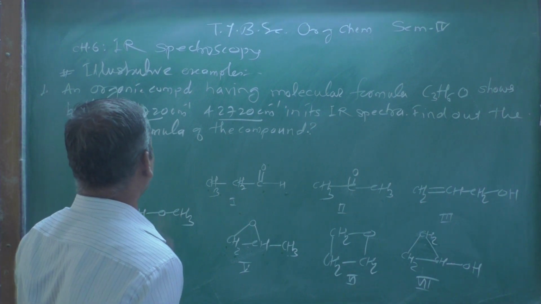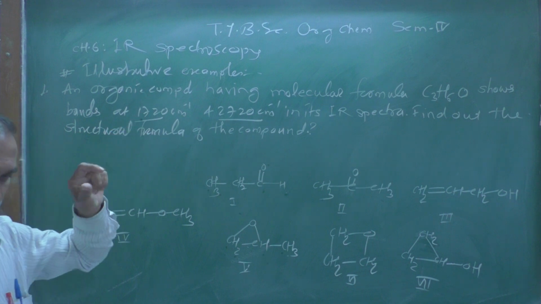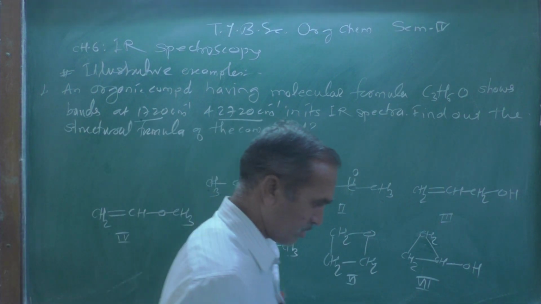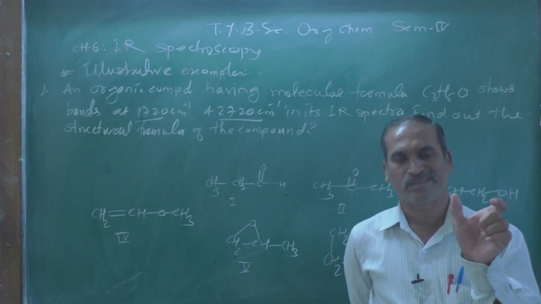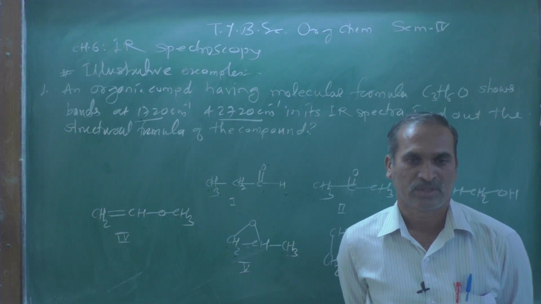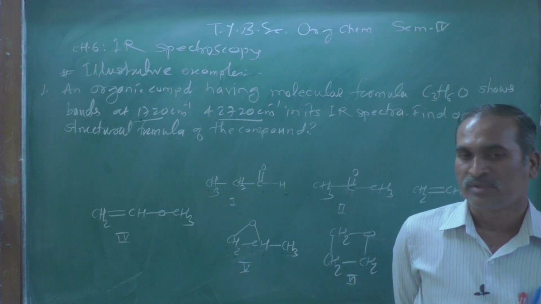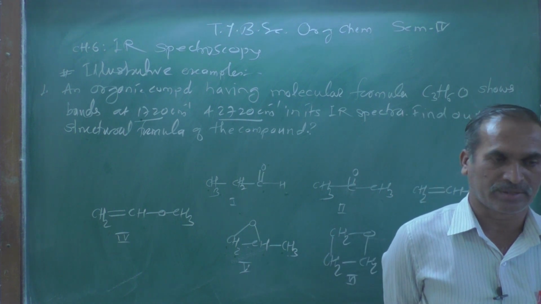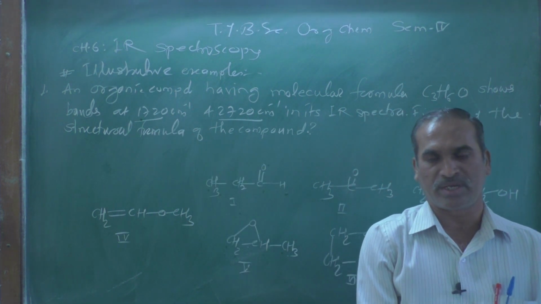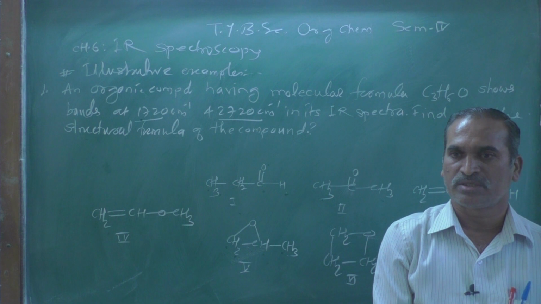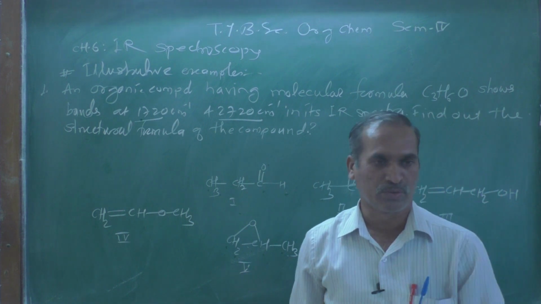Listen here, from these 2 structures, as we know, by observing the characteristics table of IR frequencies, the distinct peak here is 1720 per centimeter, which is due to the carbonyl group, as we know.